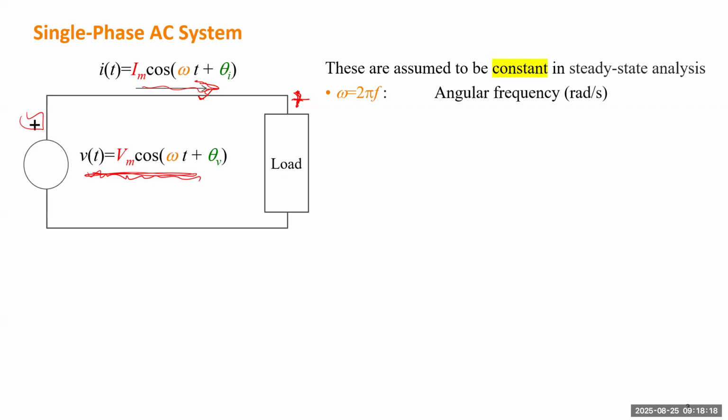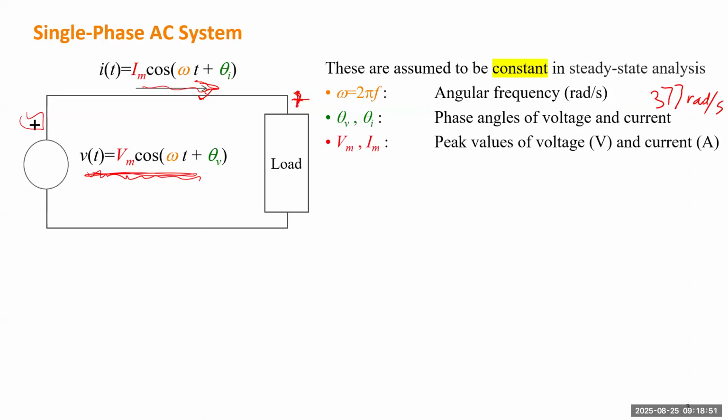So 2 pi times 60 hertz is about 377 radians per second, which is accurate enough for calculation, corresponding to 60 hertz. And the two angles are also constant, which means their difference will stay the same throughout the entire steady state analysis.